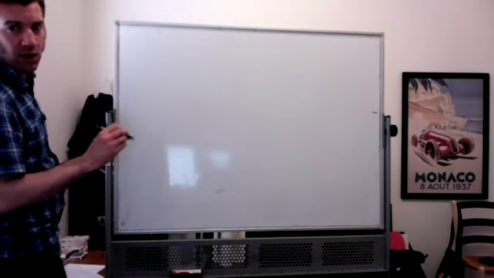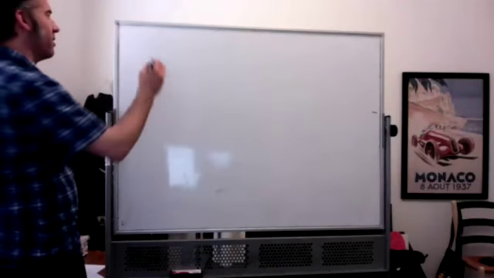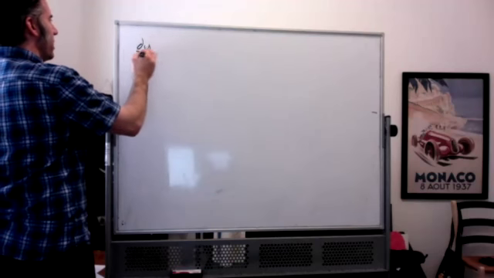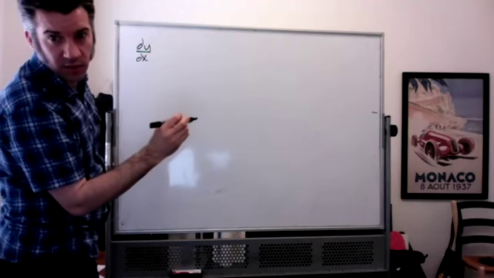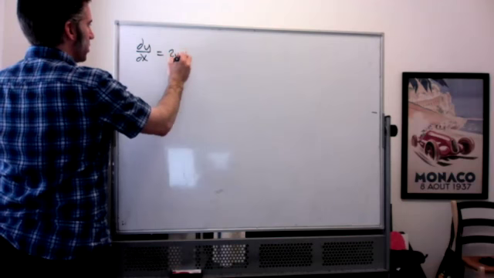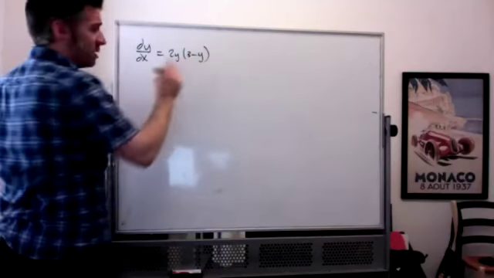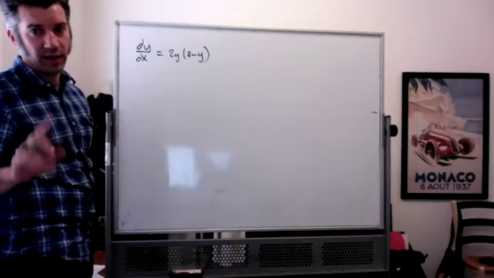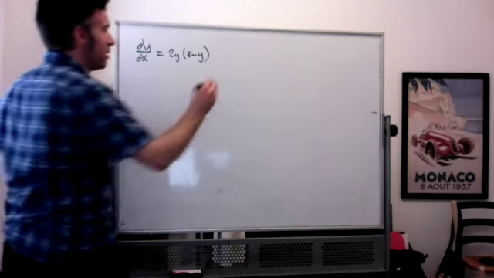So here's the problem. We want to solve dy/dx equal to 2y times 3 minus y. And we actually do want to solve it. I'm going to talk about answering the second half of it without solving it.